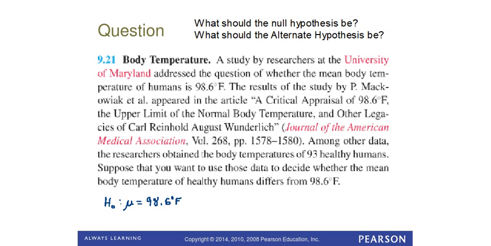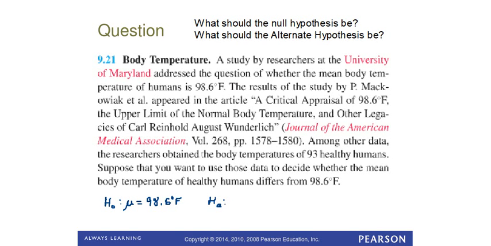So what's our alternate claim? Now this one's a little bit trickier to read, right? Because we have those three choices. So let's say we want to decide whether the mean body temperature of healthy humans differs from 98.6. If we wanted to use one of the two alternate hypotheses that says it's greater than or it's less than, you're actually going to see language in that statement that tells you whether or not it's greater than or less than.